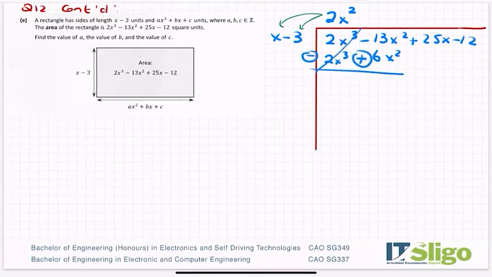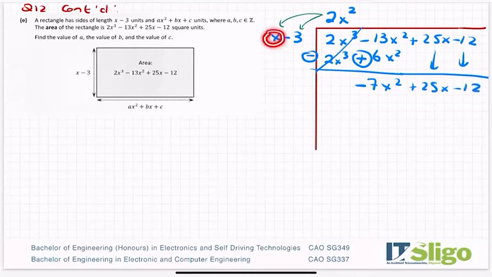Minus 13 plus 6 is minus 7x squared. And it's a minus because the minus numbers are bigger. Then take down the 25x, take down the 12 because I haven't used them, and do it again.